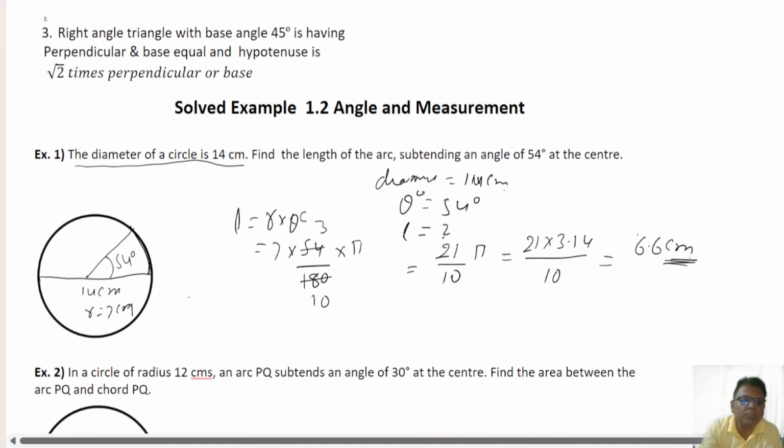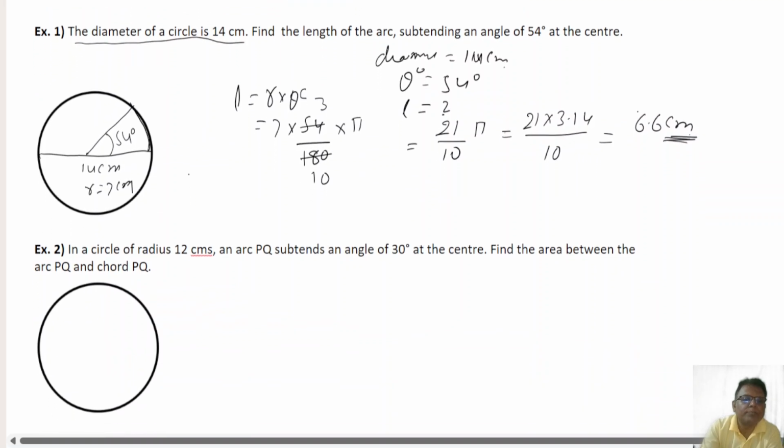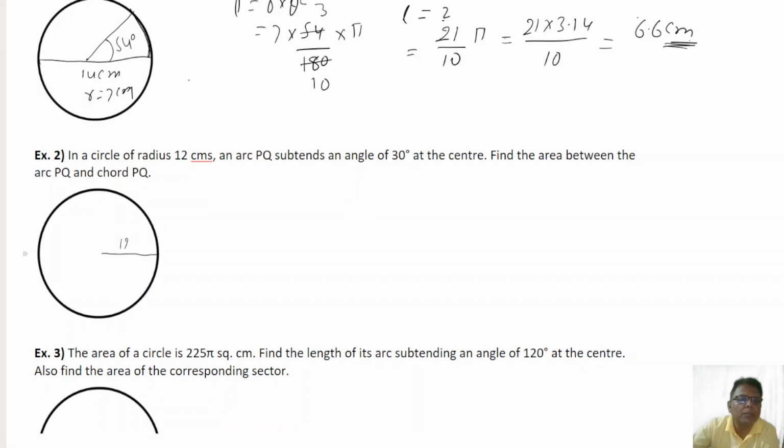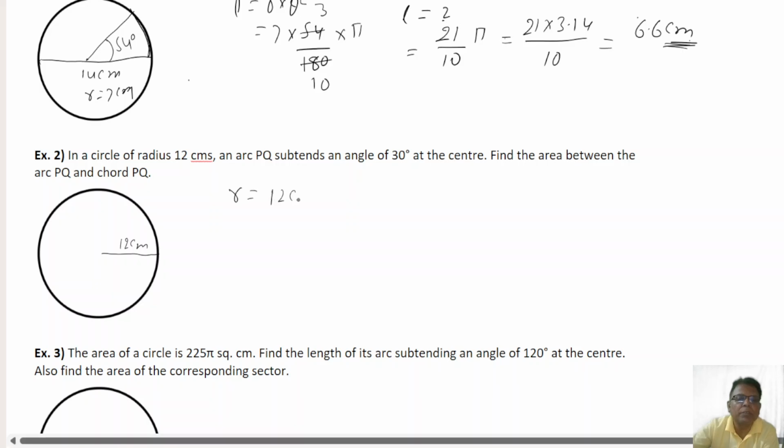Now come to the second question. In a circle of radius 12 centimeter, this is the circle, radius is 12 centimeter. You write here 12 centimeter. PQ subtends an angle at the center of 30 degrees.